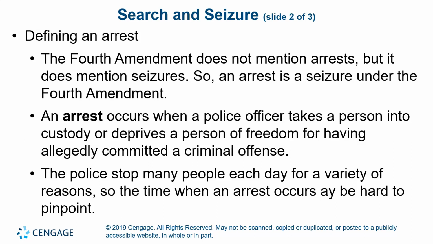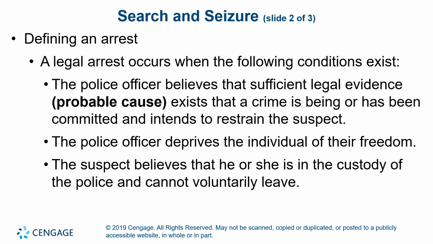However, a legal arrest occurs when some of the following things exist, okay? Number one, the police officer believes that sufficient legal evidence, which would be probable cause, exists that a crime is being committed or has been committed and intends to restrain that person.